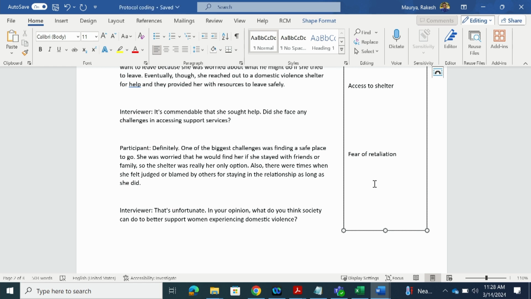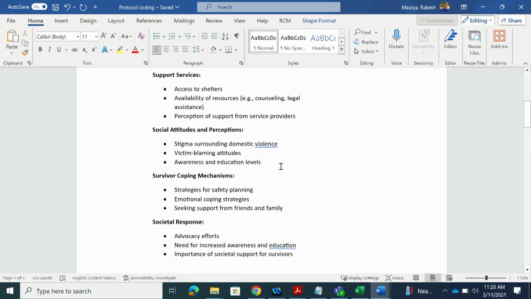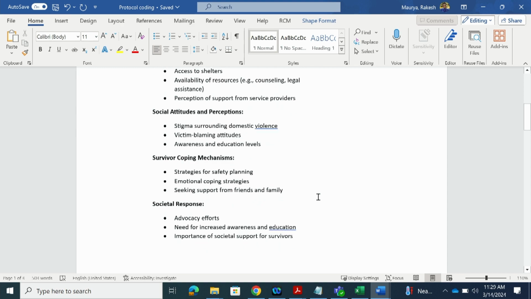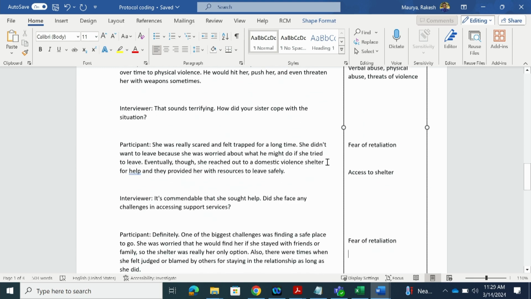So if you go up, there is this code which talks about stigma, social attitudes, people's perception around domestic violence, being judged. So that code applies here, stigma surrounding domestic violence.